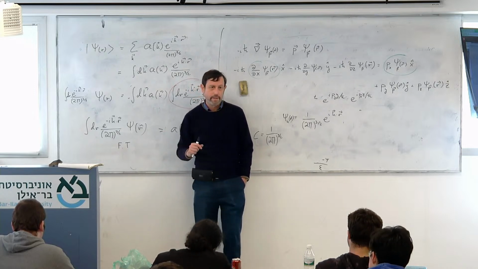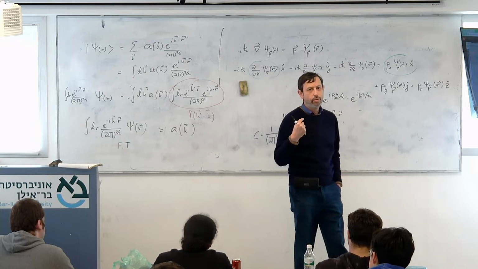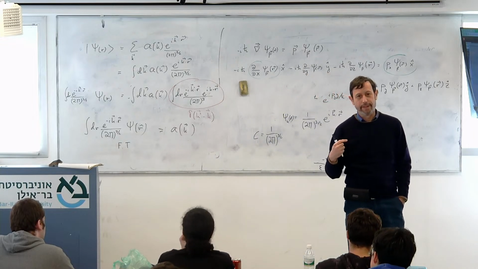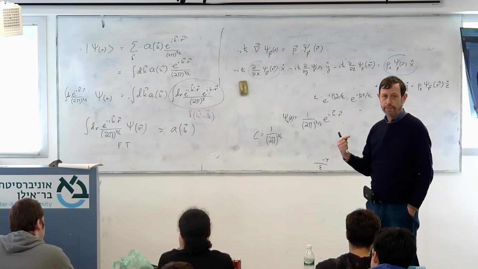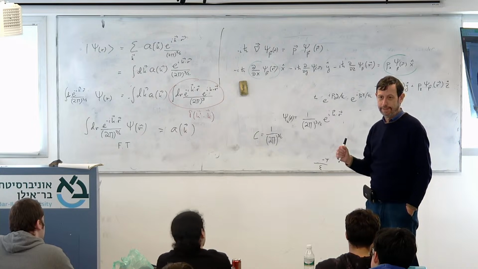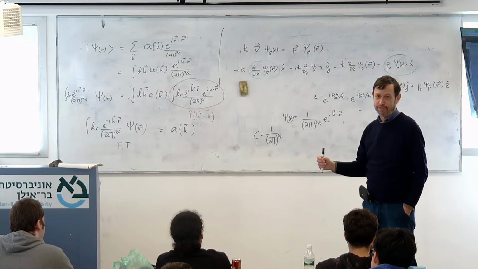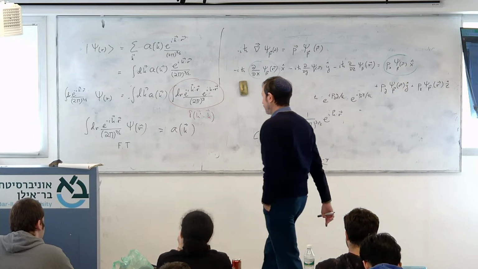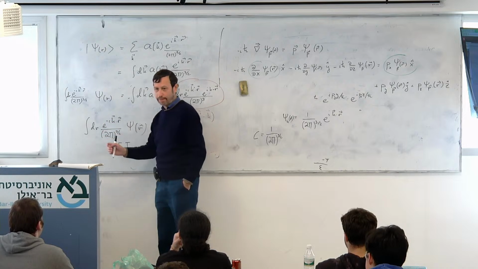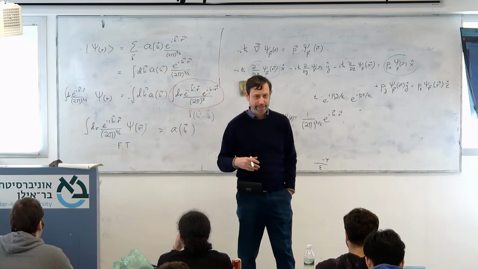Does someone want to guess how to convert a wave function given in momentum space into real space? The inverse Fourier transform. The only thing that changes is a plus here instead of a minus.